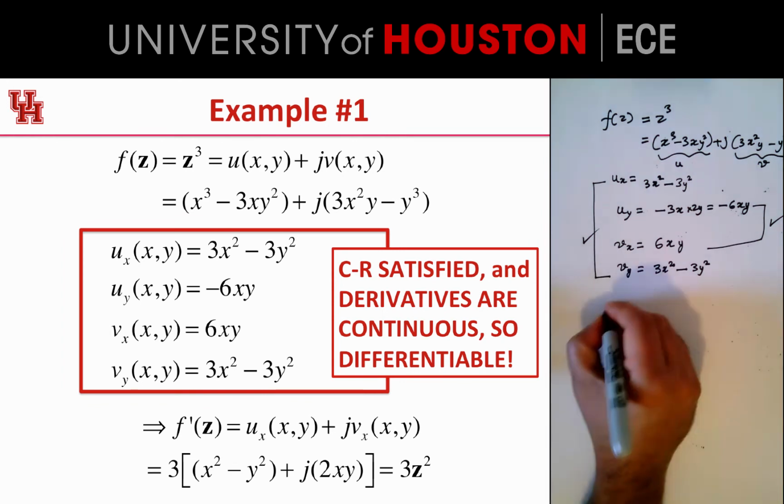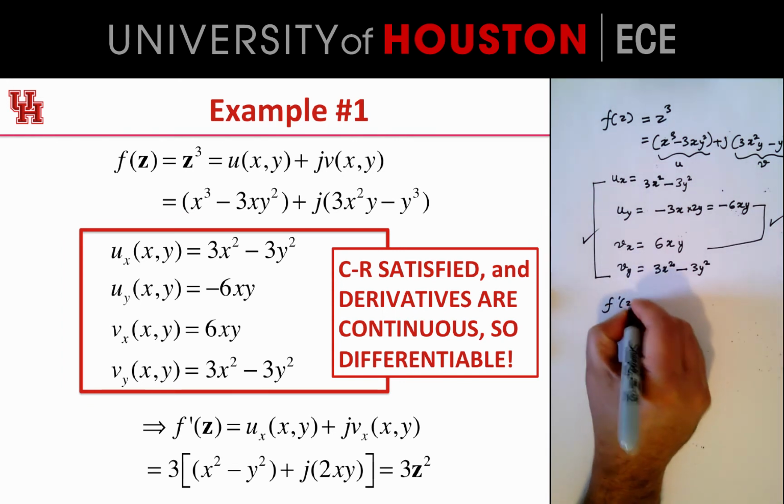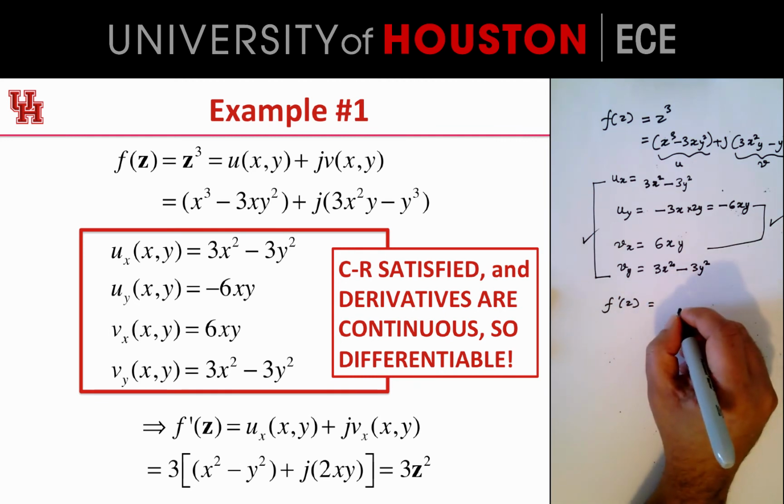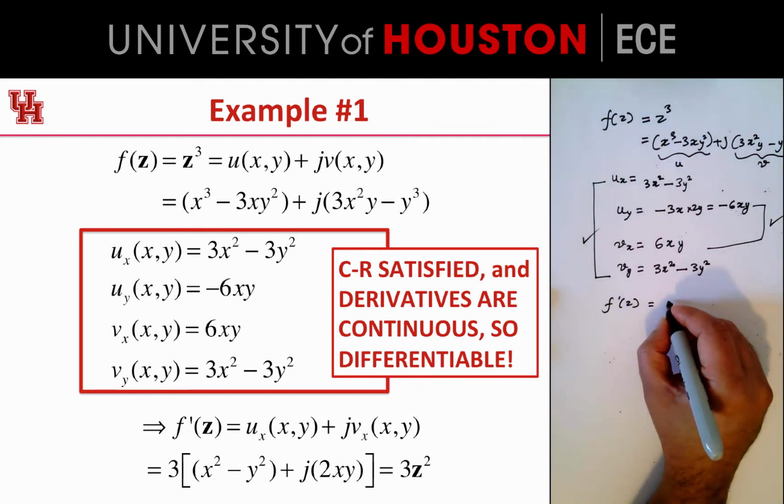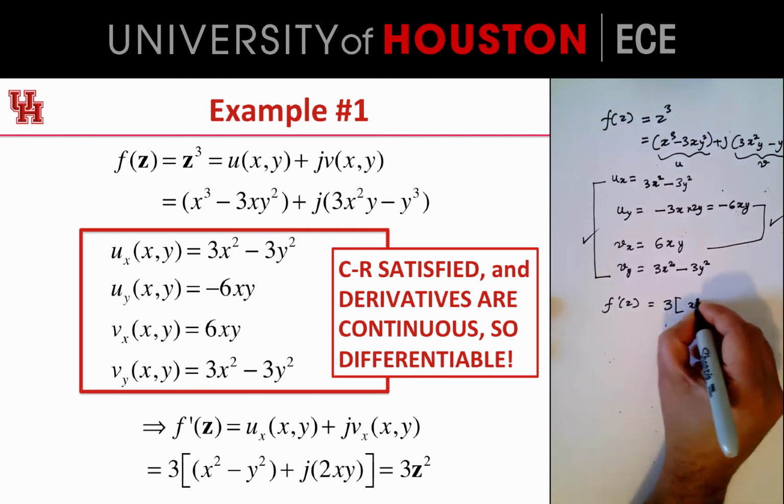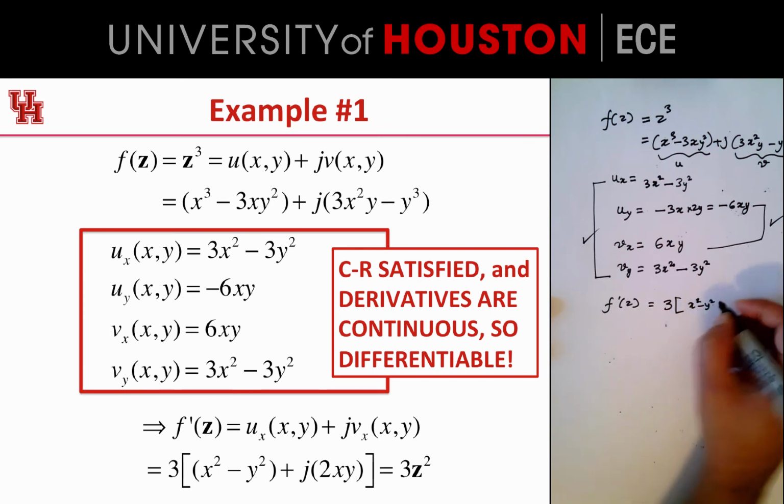And in this case, the derivative is simply given by what you see on the lower half of your screen. So it is 3 times x squared minus y squared, plus j times 2xy.